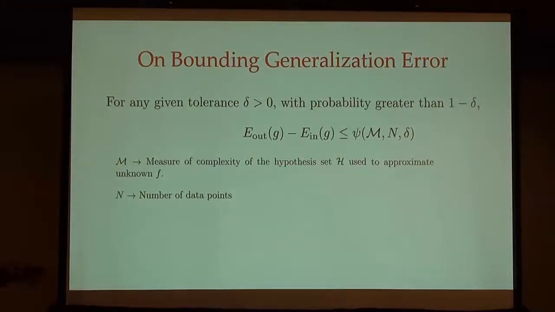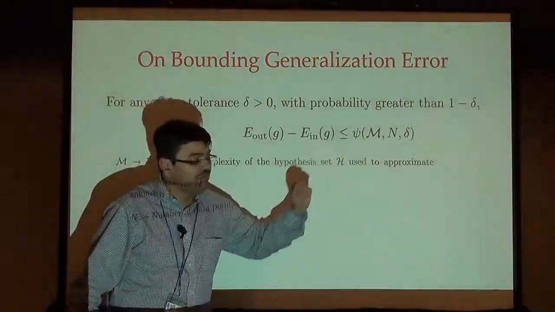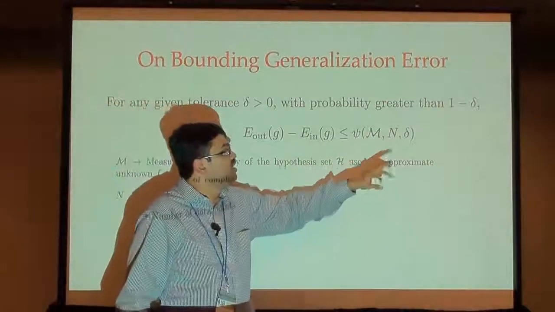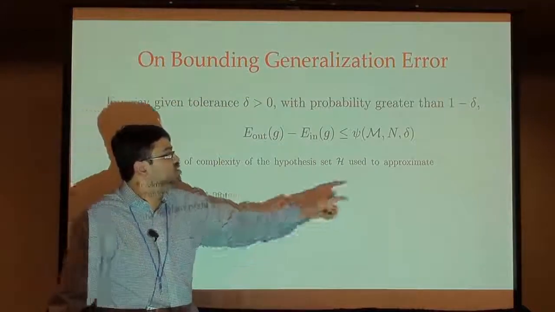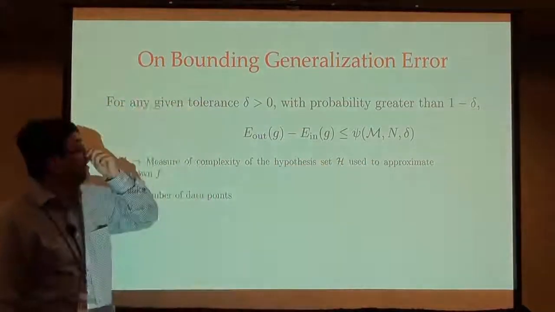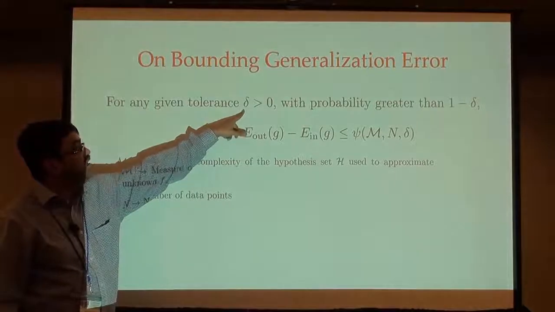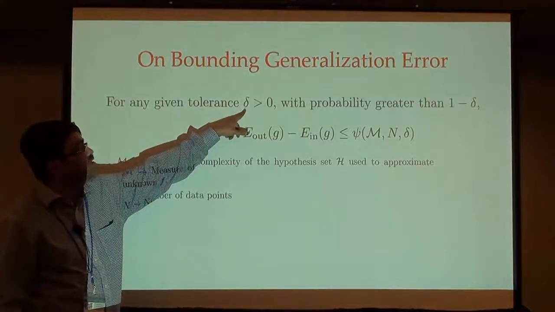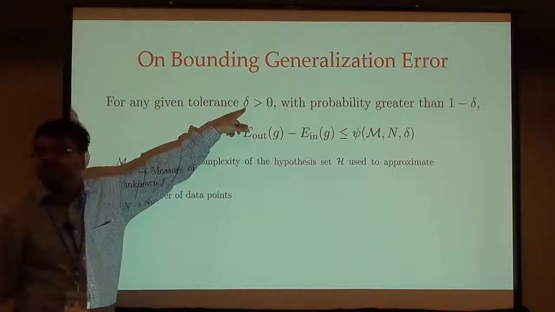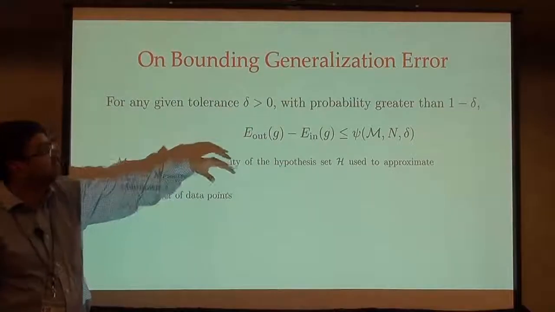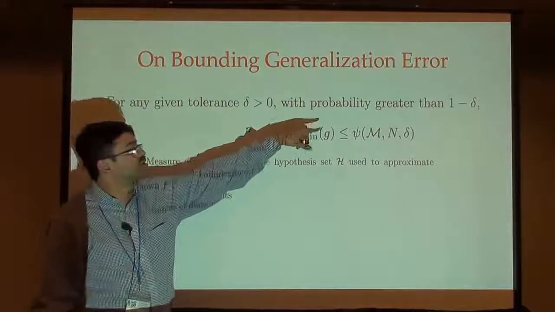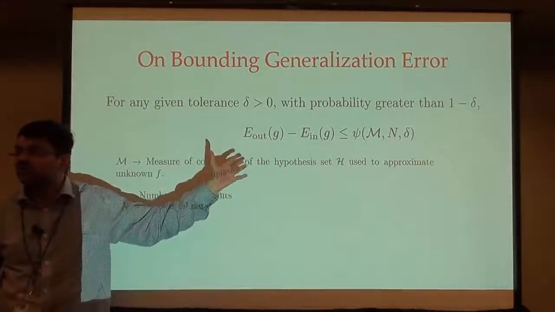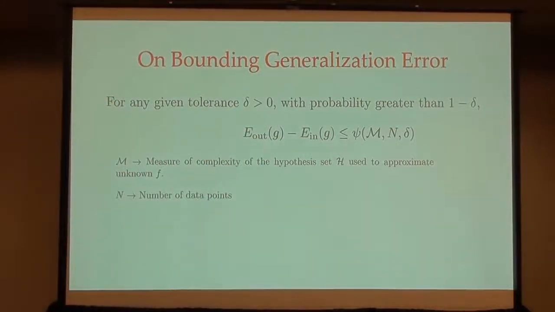And this also gives you answers about how much sample you will need. If you have this formula, it can also tell you, for achieving a certain precision epsilon, how much sample you need. And you should note here that usually you want to choose delta to be very small, like 0.05, so that you can say with high probability that you are essentially guaranteed that this will be there.